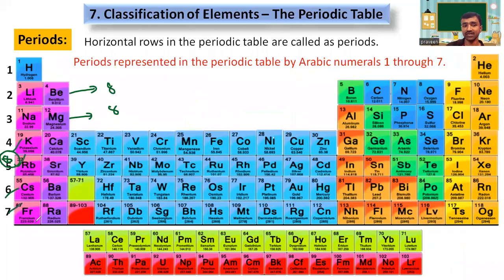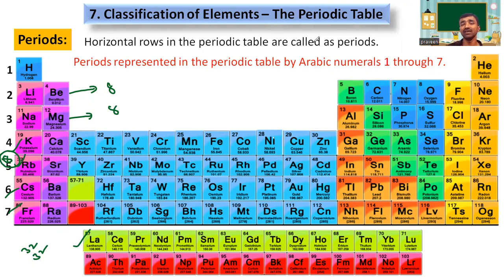Next, sixth and seventh? 32, 32. So 18 plus 14, they are separated at the bottom. Actually they belong to the third group only. So 18 plus 14, 32, 32 elements are there in the sixth and seventh periods respectively. So identifying the number of elements is also important.